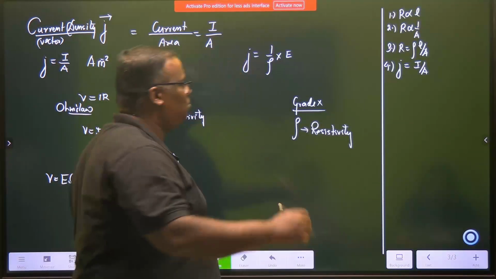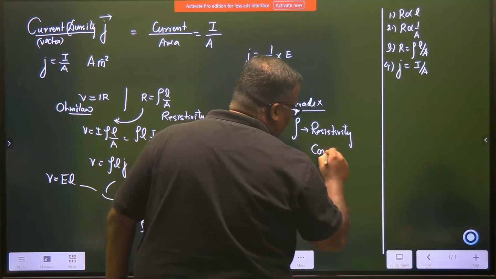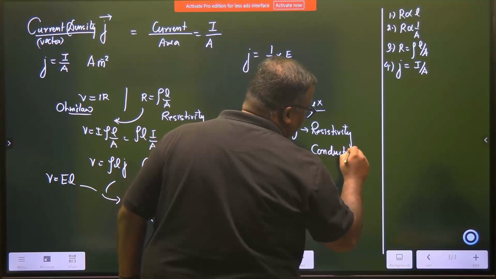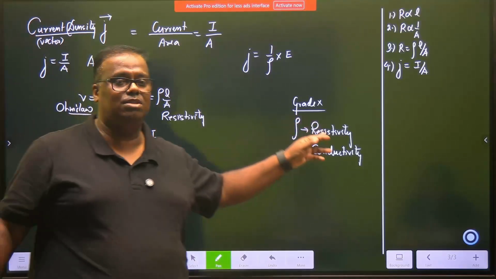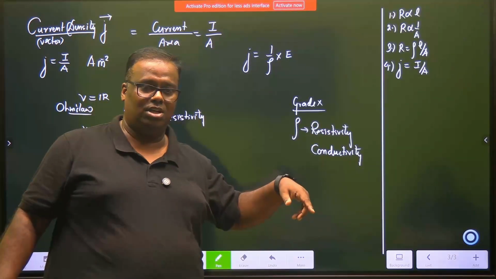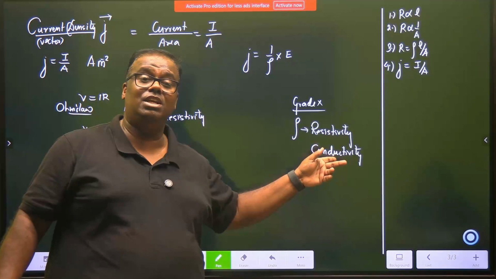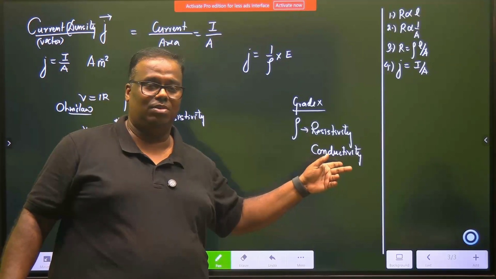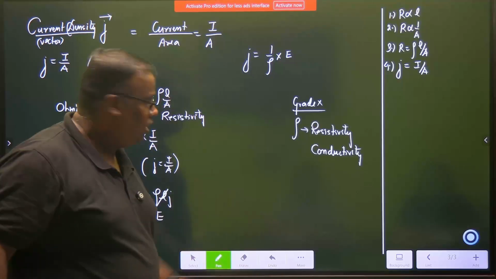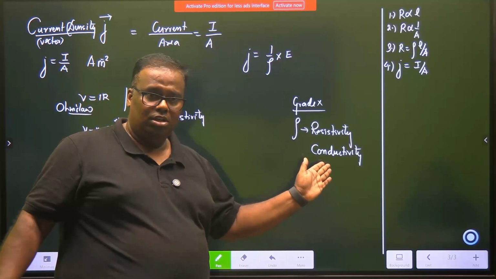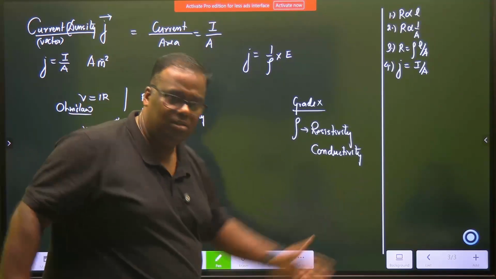We should call that obedience conductivity. In physics we study resistivity, whereas in chemistry, in electrochemistry, you'll always study conductivity. They study it as kappa. So conductivity is just the opposite. If this is evil, this is God. So God is what? 1 upon evil.